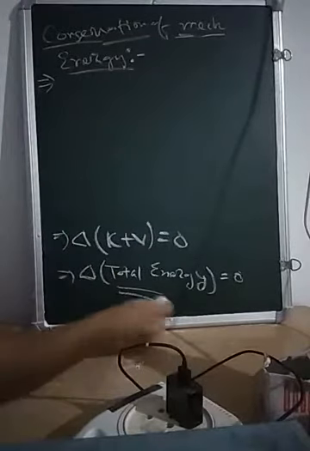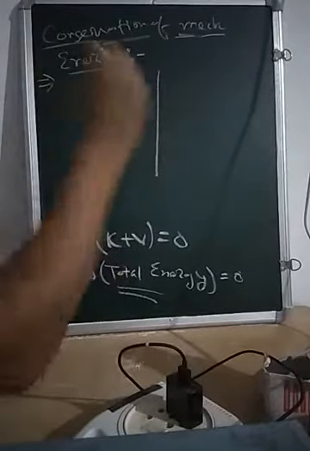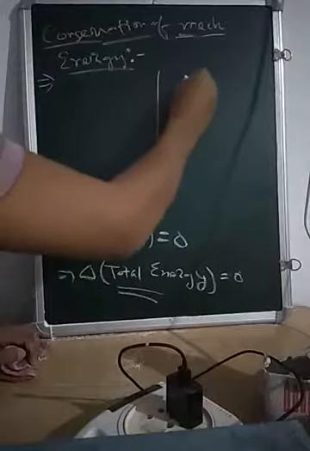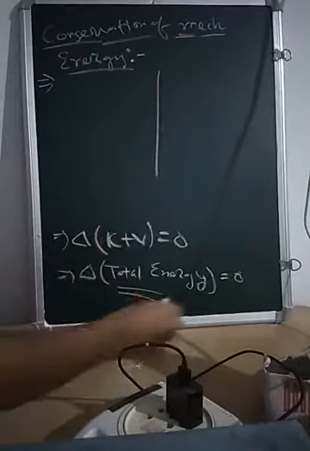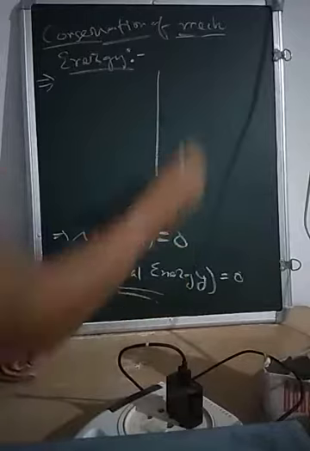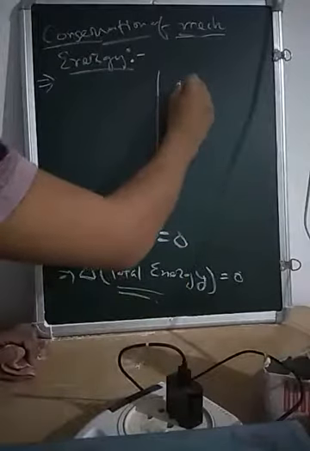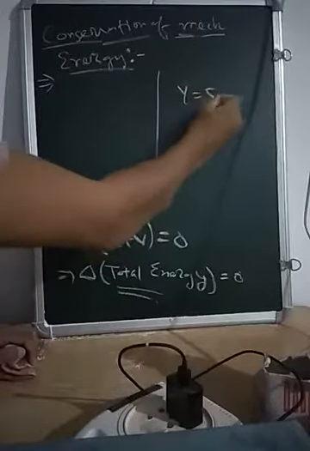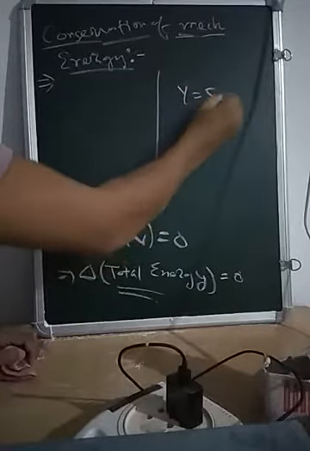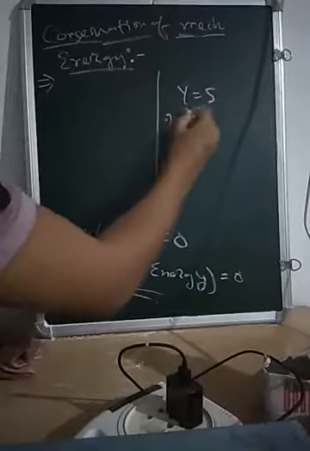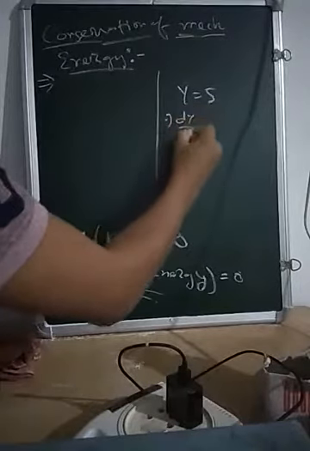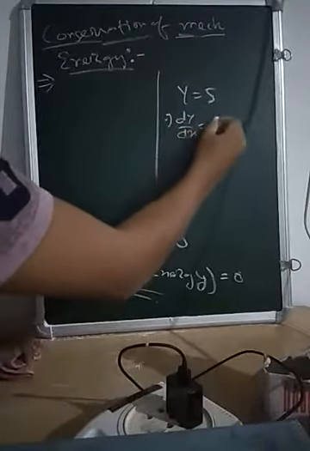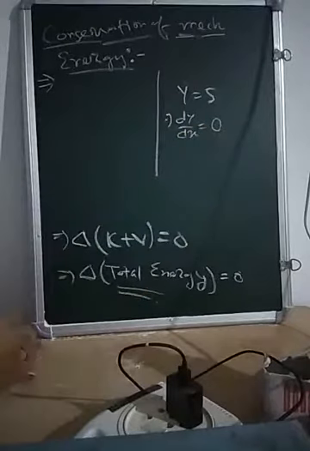From here we can conclude, see, for any system, suppose y is equal to 5, or any constant. If we differentiate this, dy by dx, what do we get? 0.